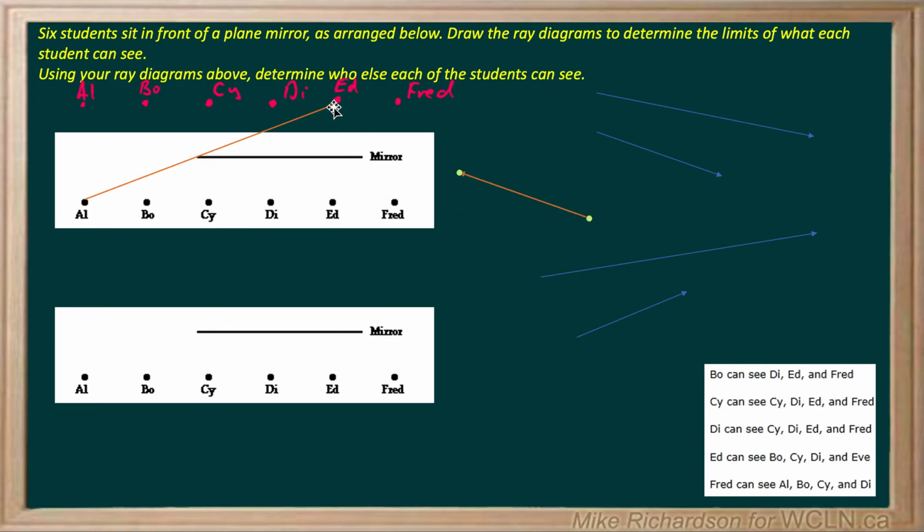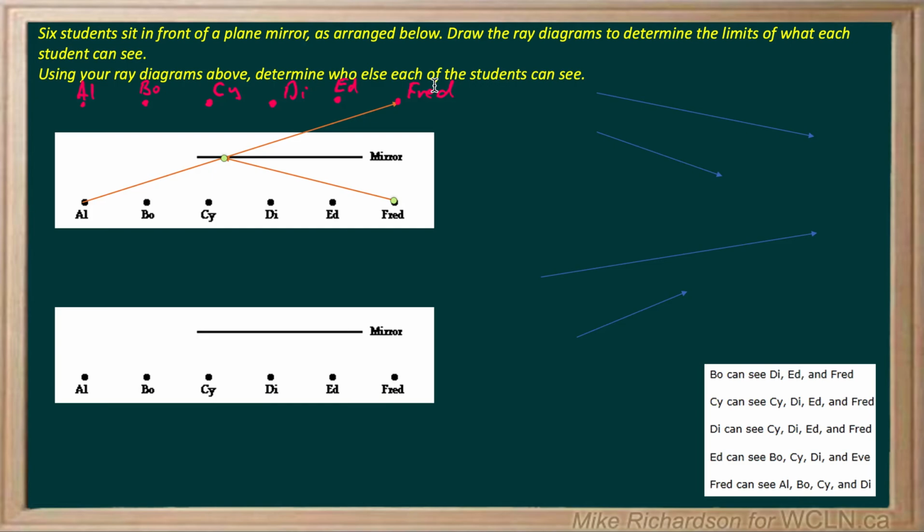What about Fred? If I do it like that, whoops, I just want to move the tip of that, like that. There you go. Now, well, clearly that is hitting the mirror. So that means that light coming from Fred will bounce off the mirror like that and appear, as far as Al is concerned, to be traveling in this straight line, and he'll see the image of Fred in that mirror. So that's one way. You could do that with every single person to see who they see.